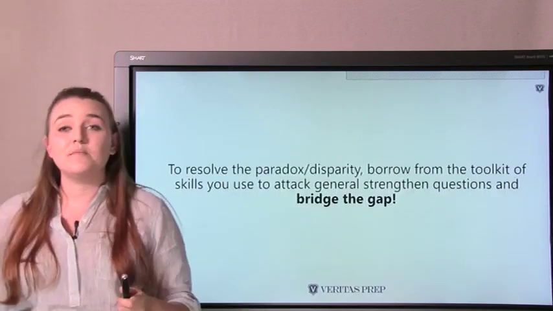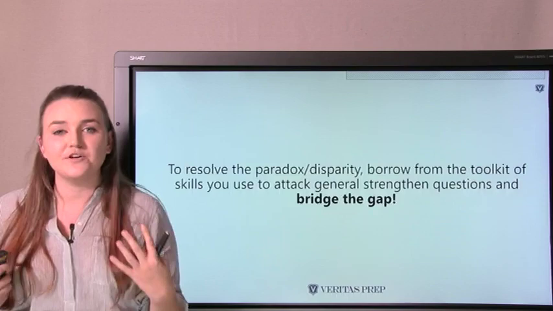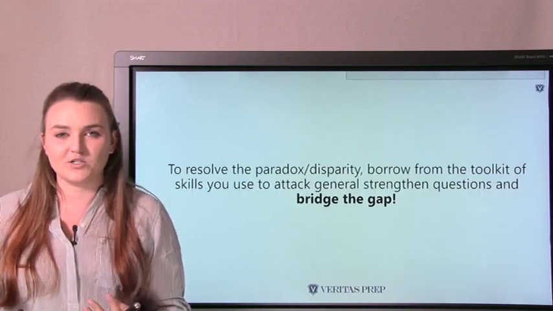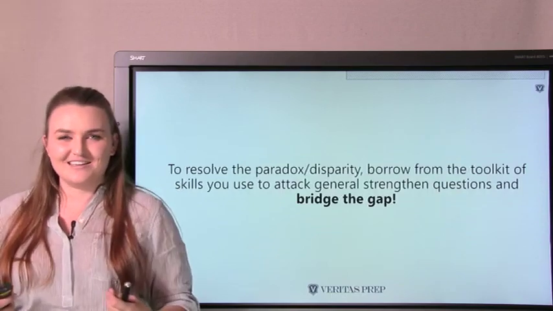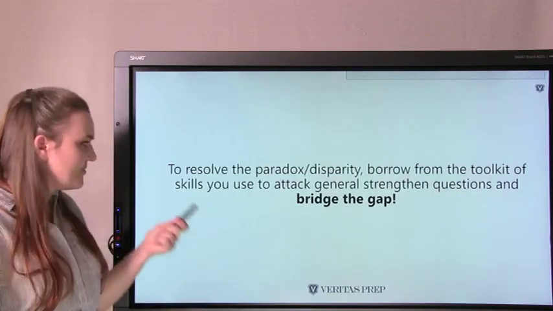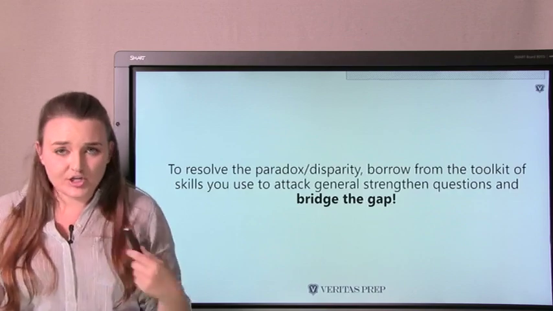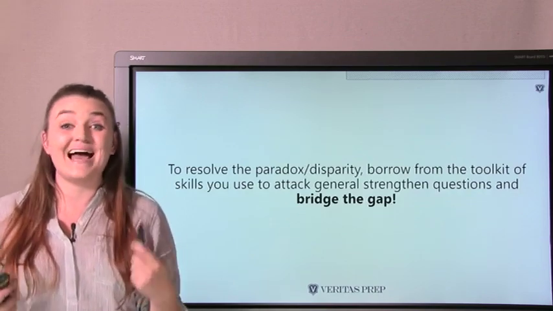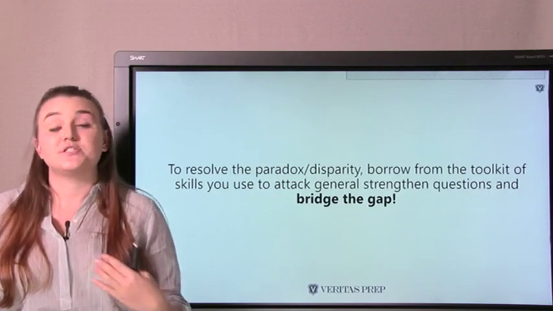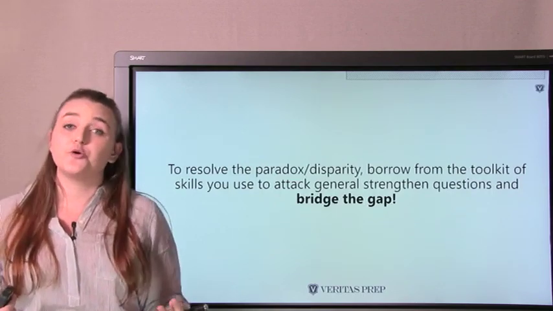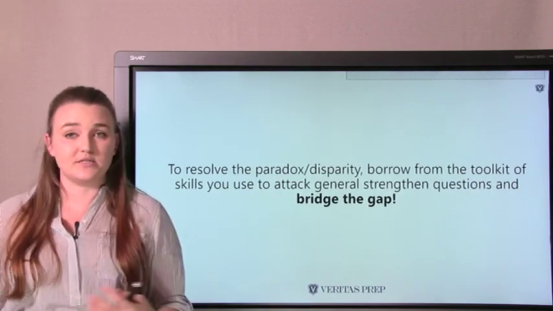And we'll want to keep in mind that if we want to simplify what Resolve the Paradox questions are really getting at, we're rooting our toolkit the exact same way we do our strengthen questions. We can treat them similarly, because all we're really looking to do is bridge the gap between two or more premises as opposed to a premise and a conclusion.